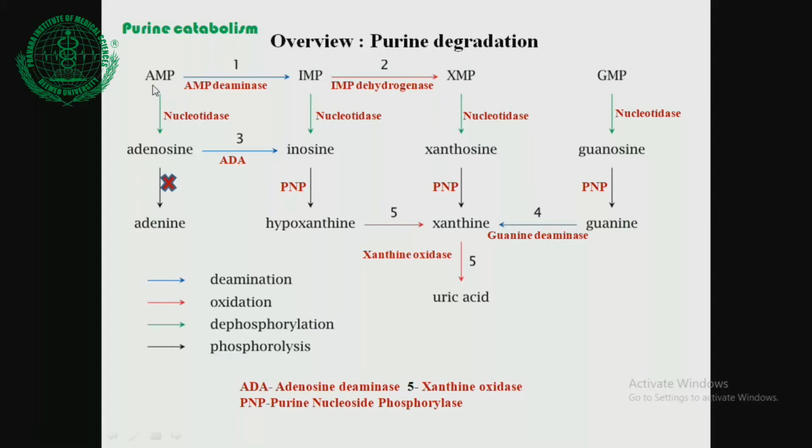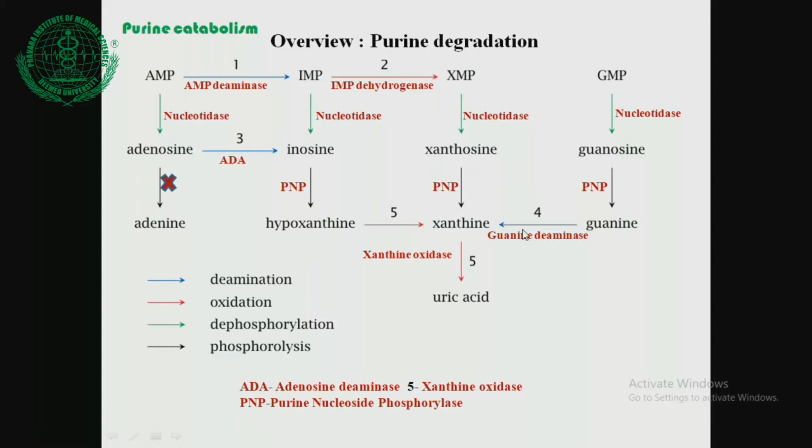The nucleotides adenosine monophosphate, inosine monophosphate, xanthine monophosphate, and guanosine monophosphate are hydrolyzed to their respective nucleosides by an enzyme called nucleotidase. Adenosine is converted into inosine through adenosine deaminase activity, and inosine is further converted into hypoxanthine, a free purine nucleobase.